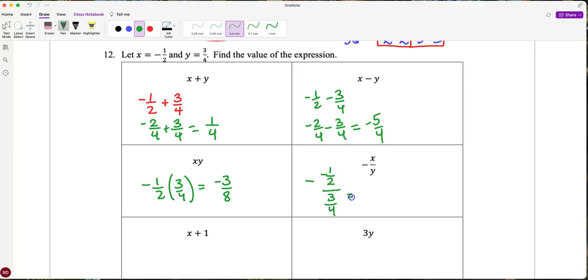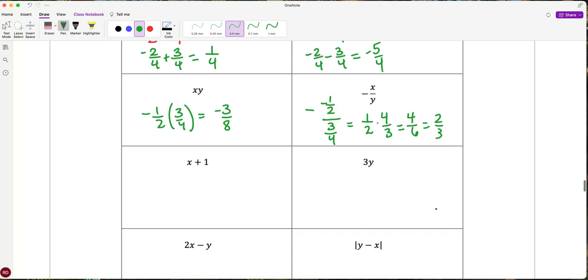The two negatives make it positive, so it's going to be 1/2 times 4/3, which is going to be 4/6 or 2/3. x plus 1, that's negative 1/2 plus 1, that's negative 1/2 plus 2/2, which is 1/2. 3y, that's 3 times 3/4, which is 9/4.